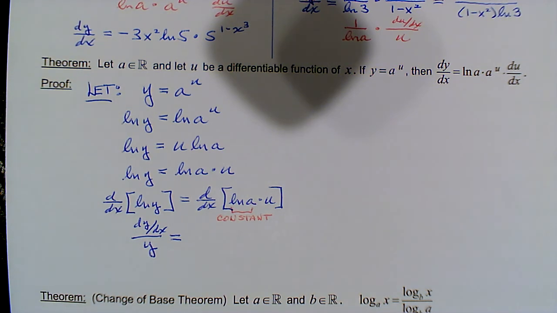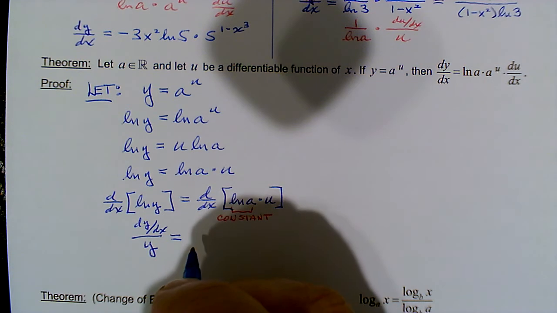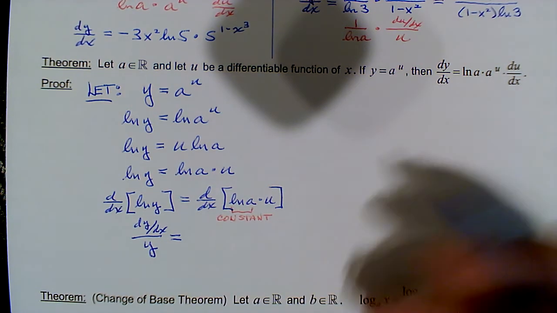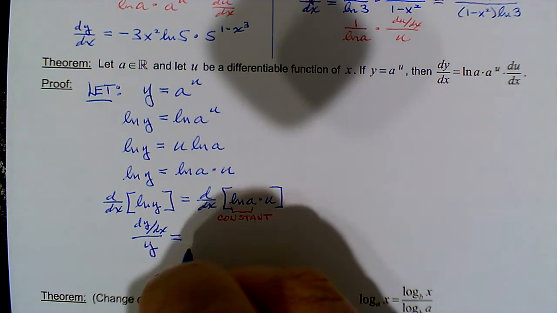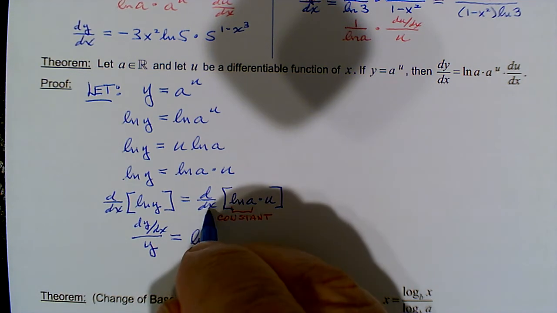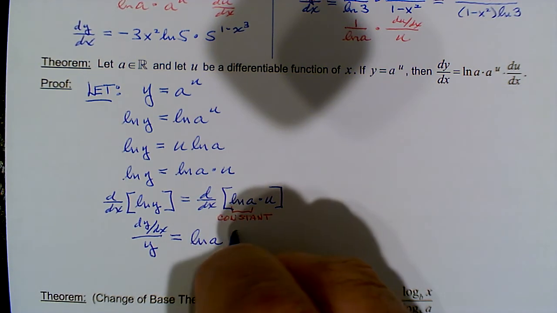And so that's going to tag along in the differentiation process, just like any other number, like, let's say 5 or 7 or 3, whatever. So that tags along, and then the derivative with respect to x of u is simply du/dx.